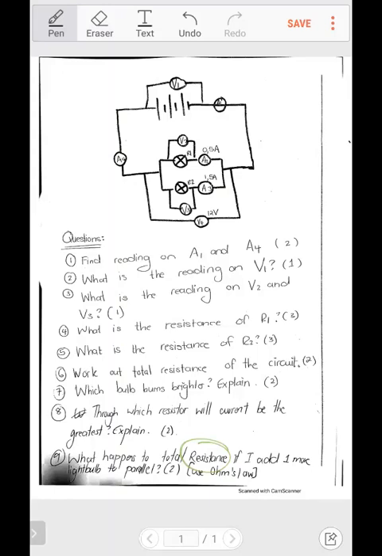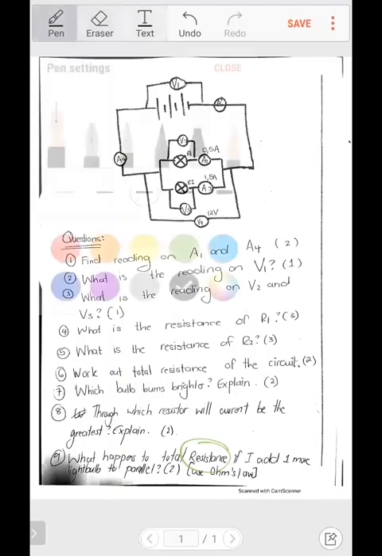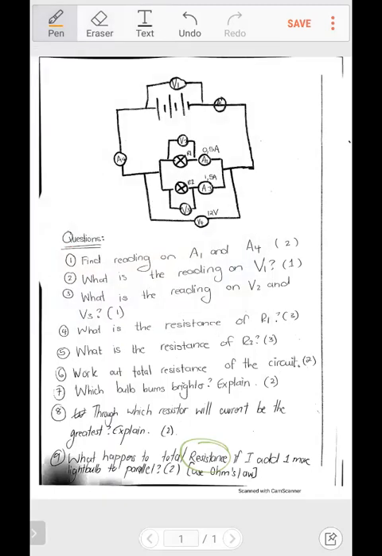So this is a typical example of a parallel circuit, right? The first thing we should know is that if we look at current comes out of the battery. What is current? Current is the flow of electrons, right? So electrons flow from the battery, they come out, and this part of the circuit is called series.